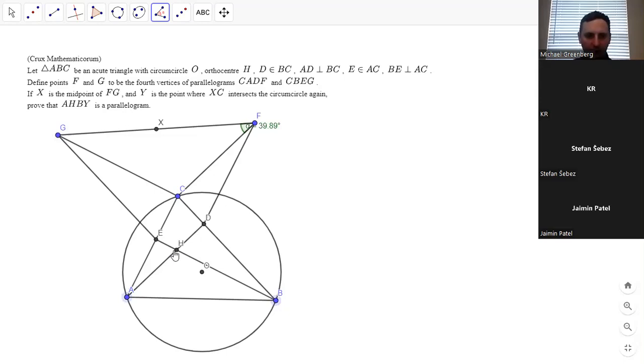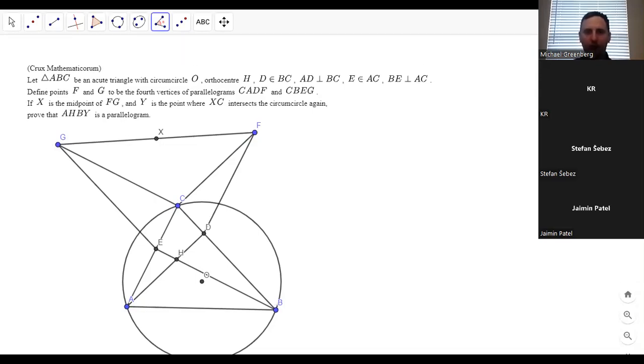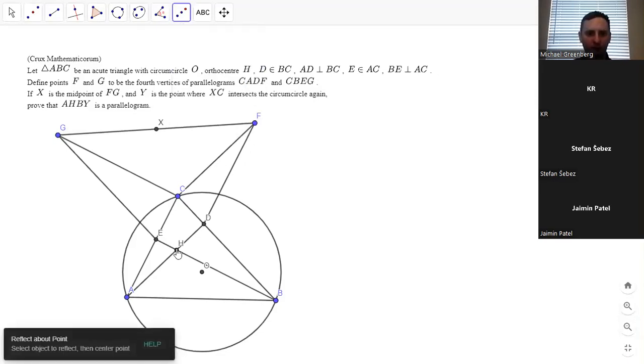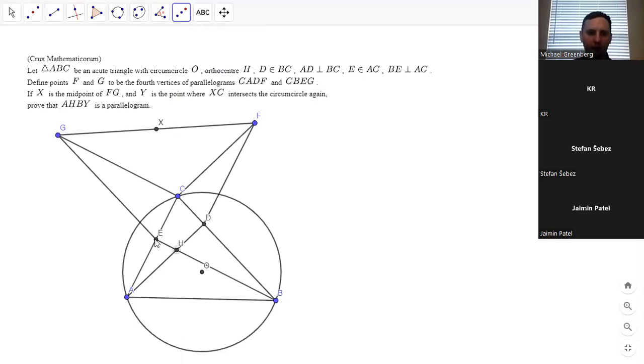Okay, I don't think they are. Reflect the orthocenter over AC and AB. Okay, so that's going to lie on the circle. And I can call it something better.